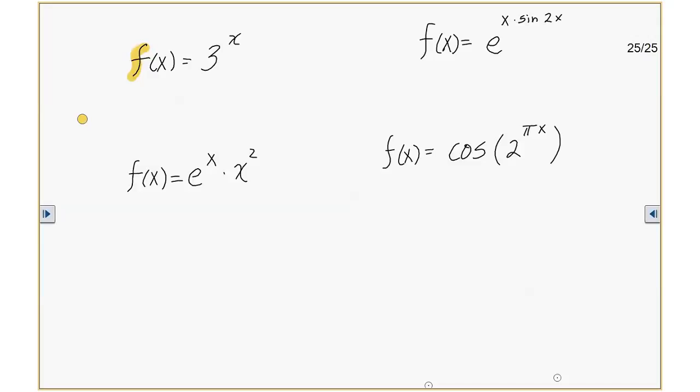The third one is e to a function, which you still got to do the product rule. And the last is going to be a to a function. Pi x is just like 3x.